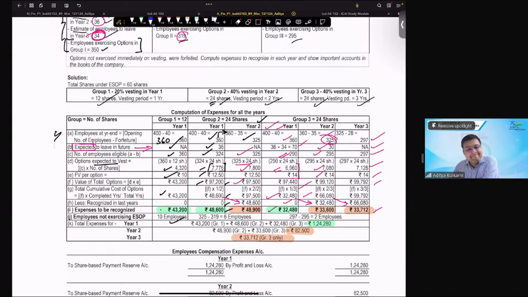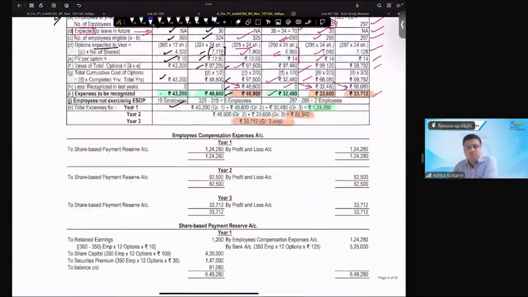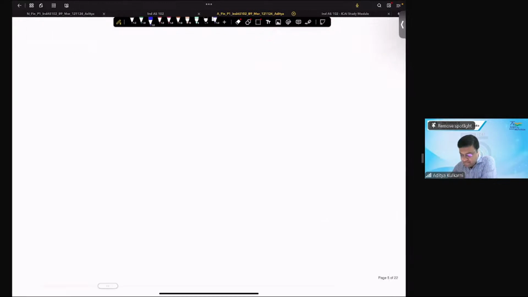Yes, sir. Perfect. So entries: employee compensation expense account debit to SBP reserve. First year 1,24,280, second year 82,500, third year 33,712. Okay?